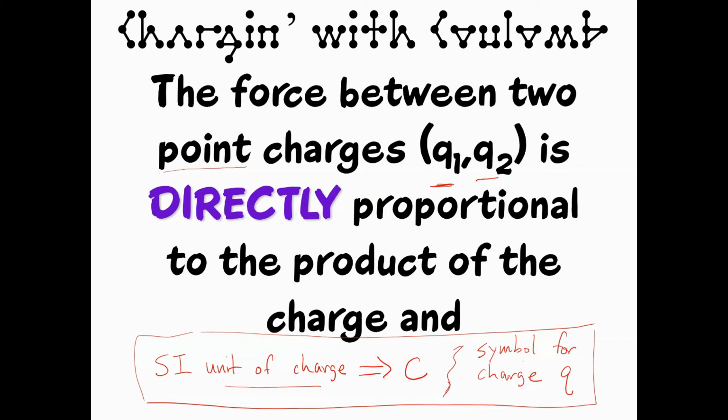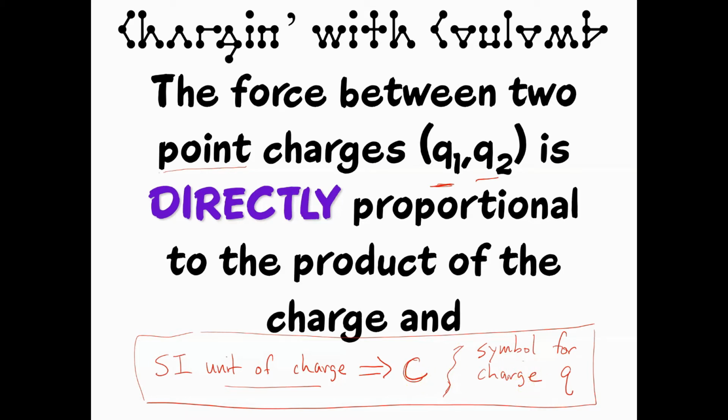The SI unit of charge is a capital C Coulomb, whereas your symbol for charge is Q. You want to keep this straight in your mind so that the formulas, symbols, and units don't all become alphabet soup in your mind. SI unit of charge, Coulomb, symbol for charge is Q.